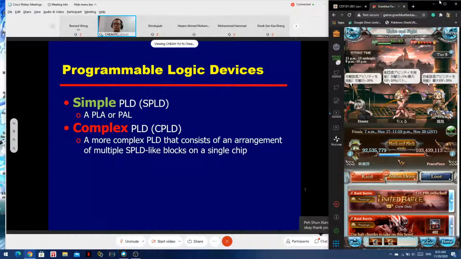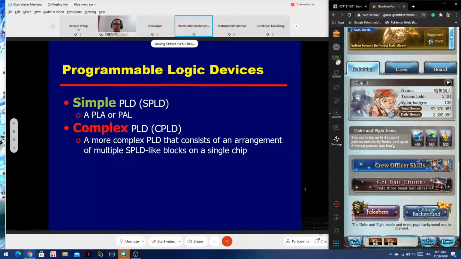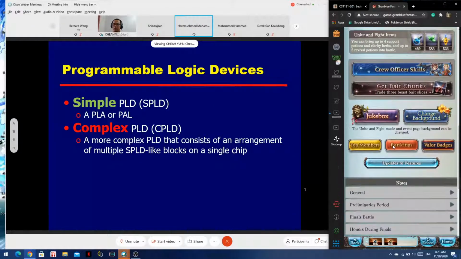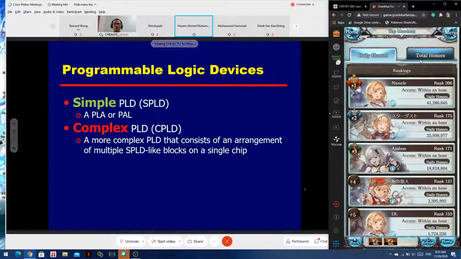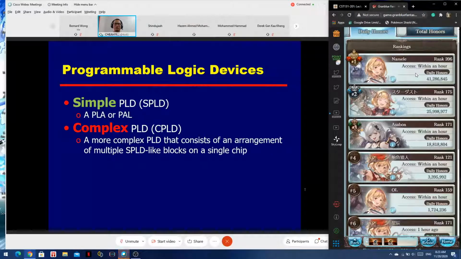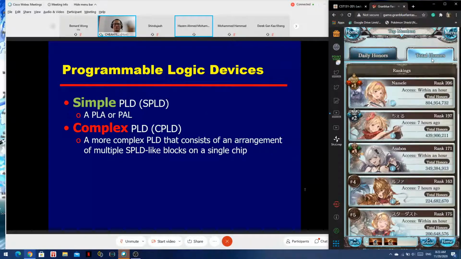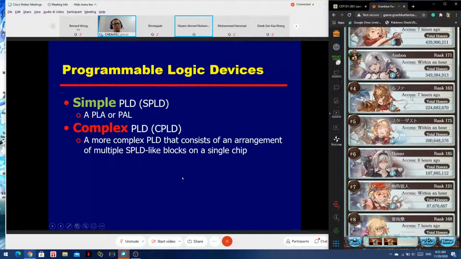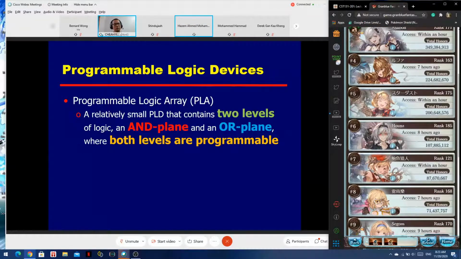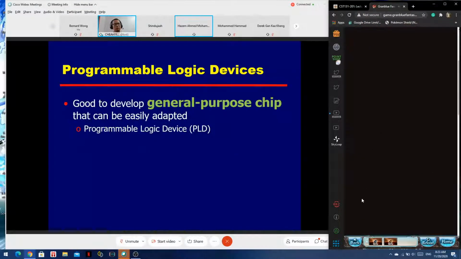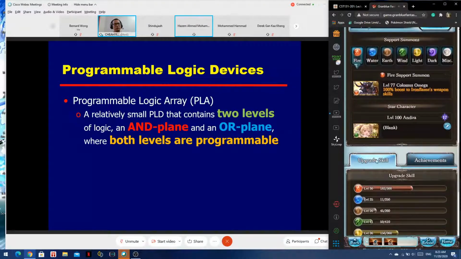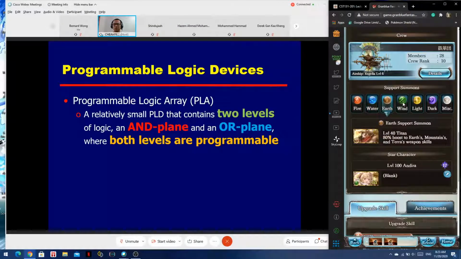Doctor, you said there are two ways to program. One is fusing. What is the other one? No, I think I didn't say there are two ways of fusing. I mean, two ways of programming, not fusing. Two ways of programming programmable logic devices. Which slide was it? Do you remember?